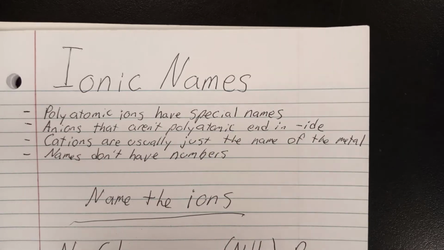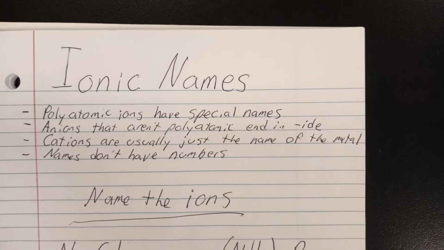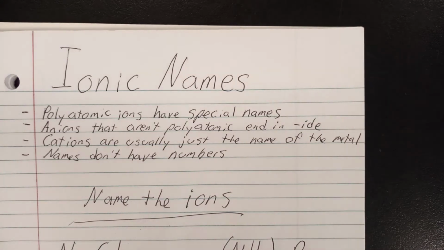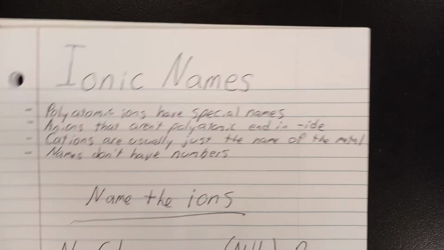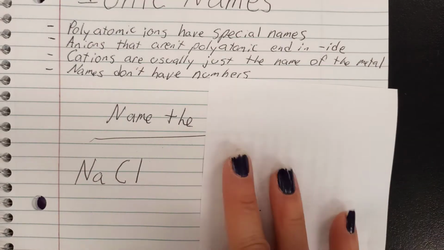That's it. All you have to do is name the ions that are used. You don't have to account for how many there are. You don't have to account for anything other than giving me the 2 names for the 2 ions that are used.